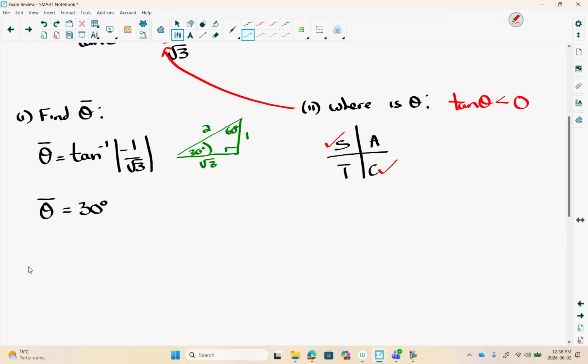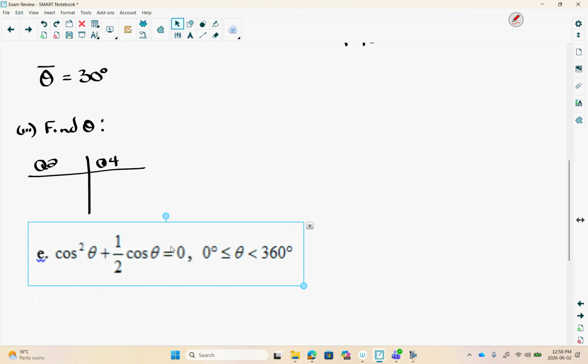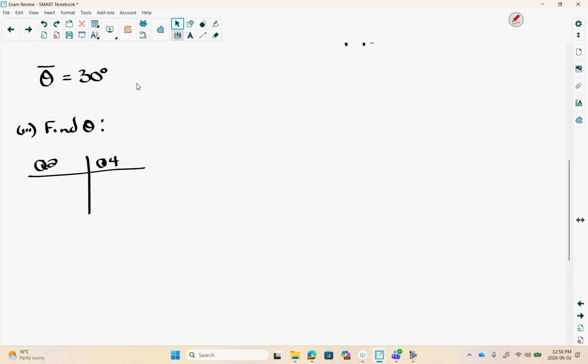Step 3 is to find theta. Find the actual angles. Well, in quadrant 2, we have a formula. You will be given these formulas. The formula for quadrant 2 says theta is equal to 180 degrees minus theta bar.